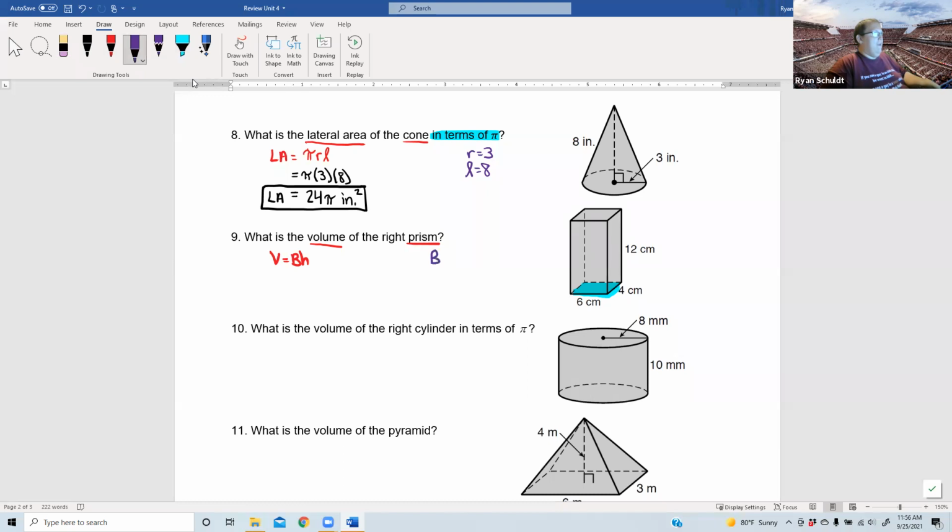If I find the area of my base, just base times height, so 6 times 4, which is 24. The height of my prism is 12. I have everything I need to plug in. So 24 times 12 will give me 288, and it looks like we're in centimeters cubed.